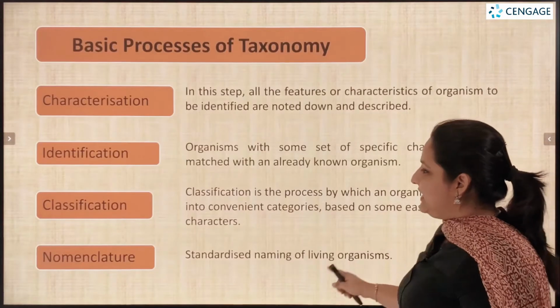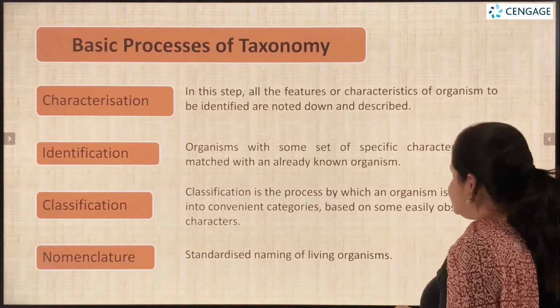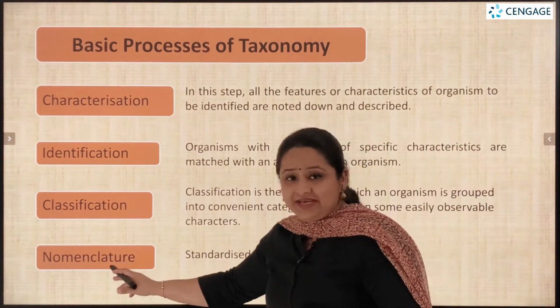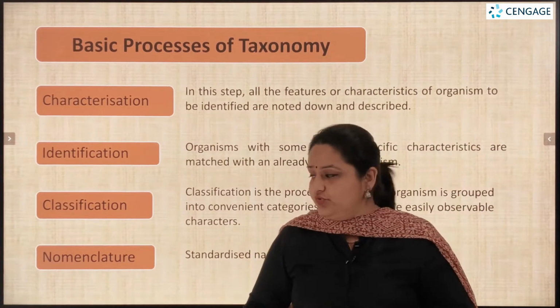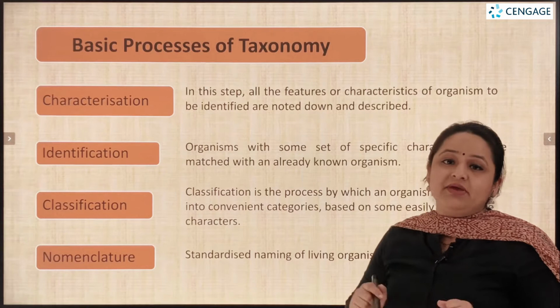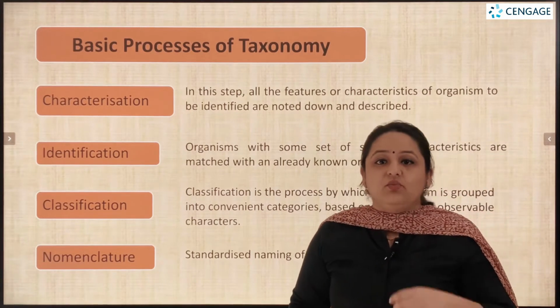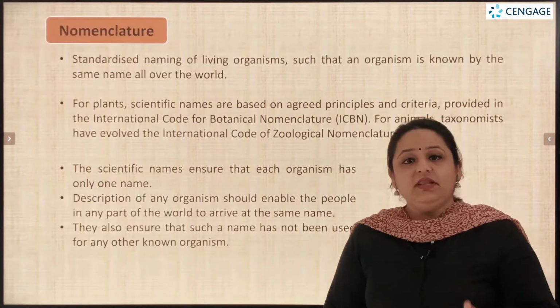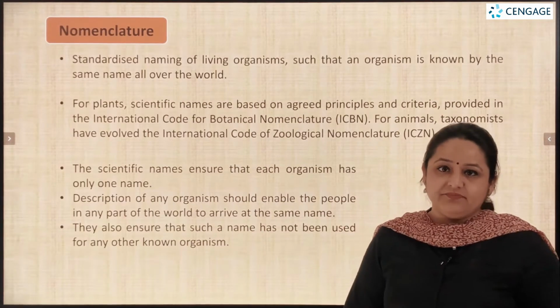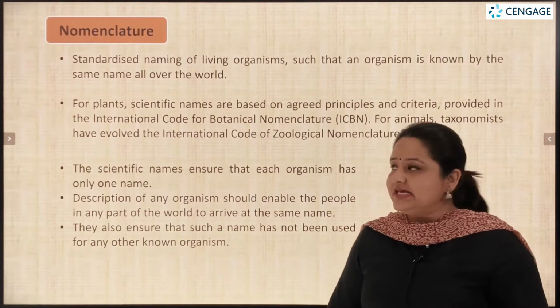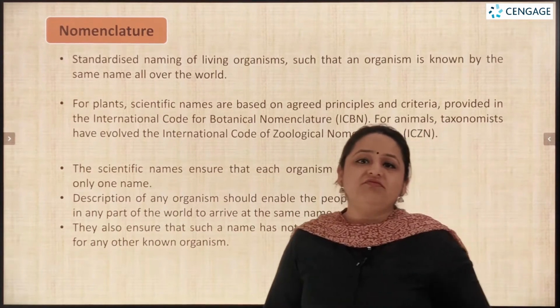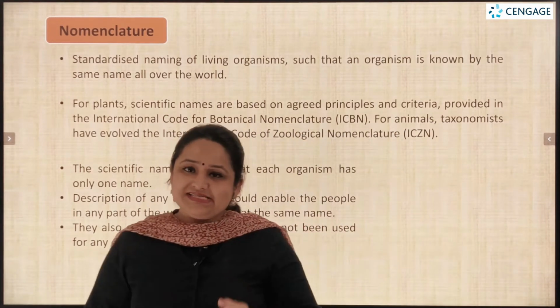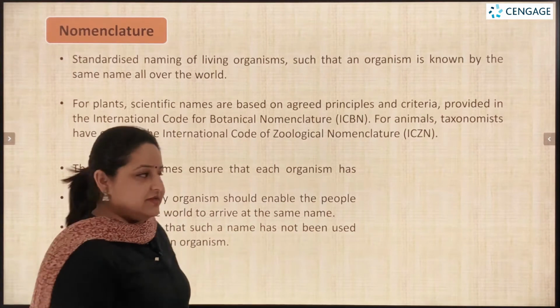Now let's come back to what exactly is nomenclature. Nomenclature refers to the standardized naming of living organisms. We will study nomenclature in more detail. To understand this, I'll give you an example.